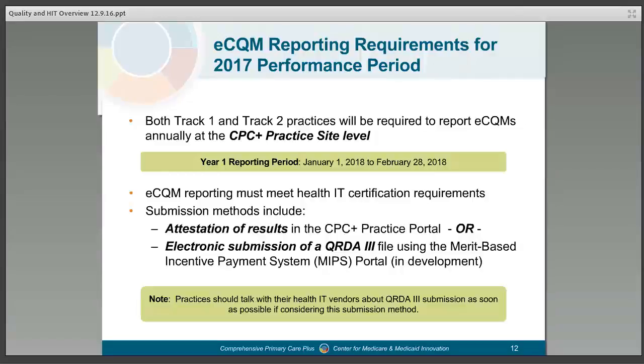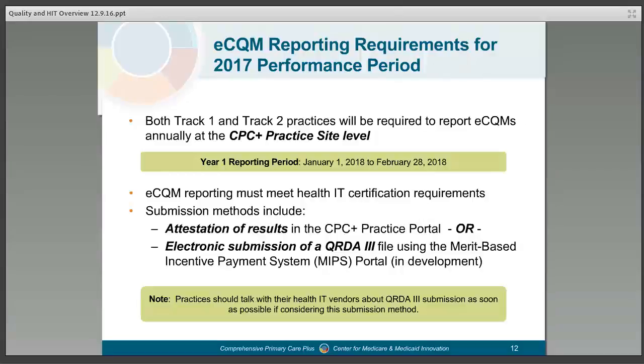us. There are two ways to report the data. You can do it through what we call attestation. That means you go into our web portal called the CPC Plus Practice Portal, and you simply type in the data from your report and provide it to us, or you can use an electronic submission method with a file called QRDA3, and your vendor should be familiar with this file and know all of the requirements for submitting data utilizing this file.